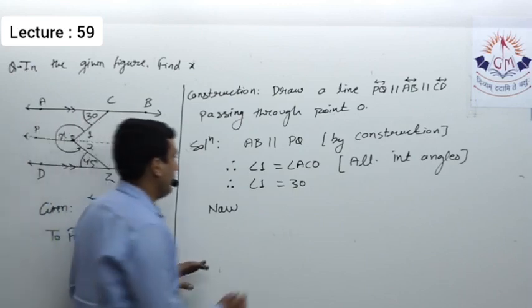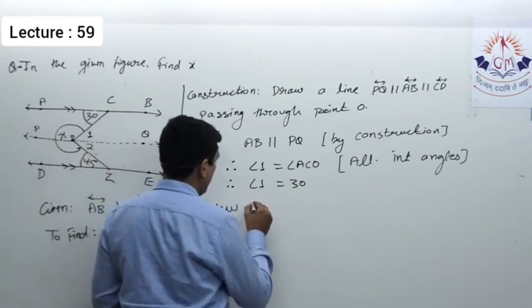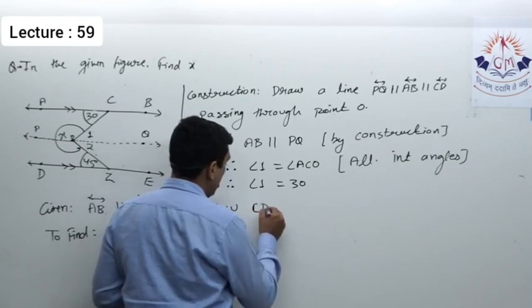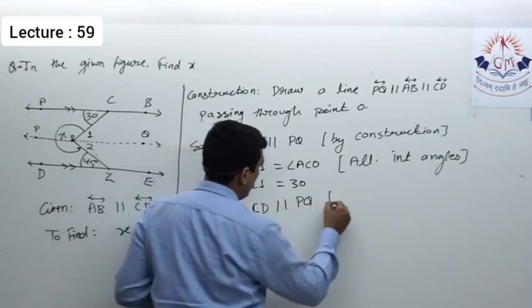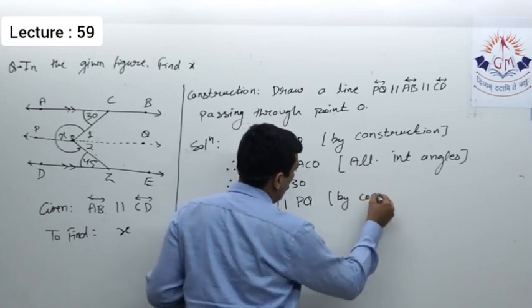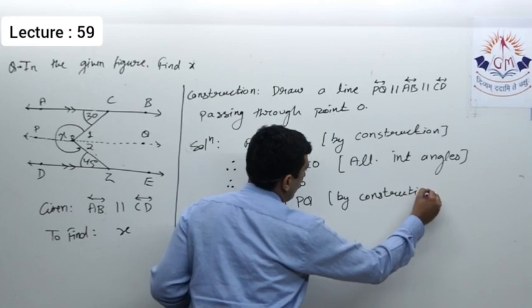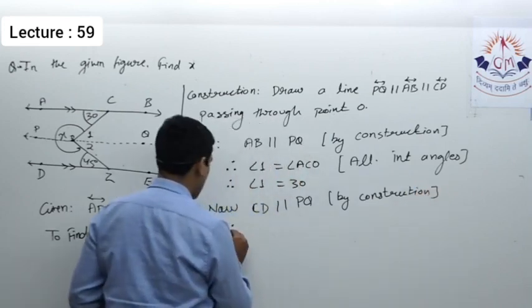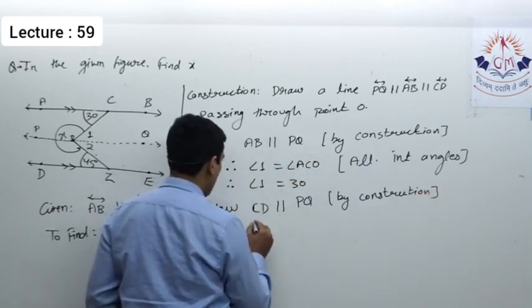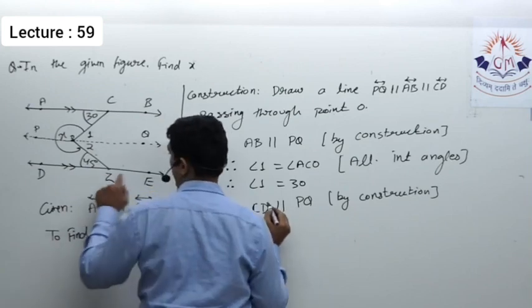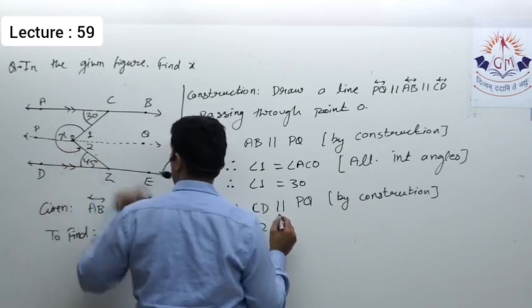Now, as I got the measure of angle 1 by taking 30 as the alternate interior angle, similarly I can find the measure of angle 2, for which I have to show that CD is parallel to PQ. Why CD parallel PQ? Because of construction. As CD is parallel to PQ, I can say angle 2 is equal to angle DZO.